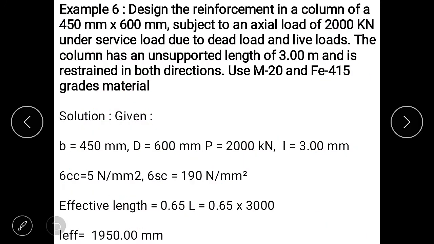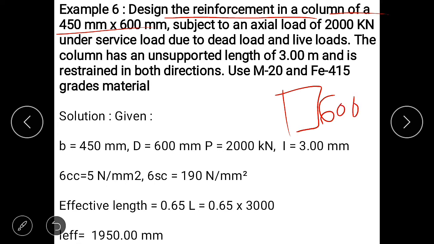Okay, now another example, design of reinforcement in a column. Also we have to find Asc here. B and D are given as 450 mm by 600 mm, so depth is 600 mm and width is 450 mm.